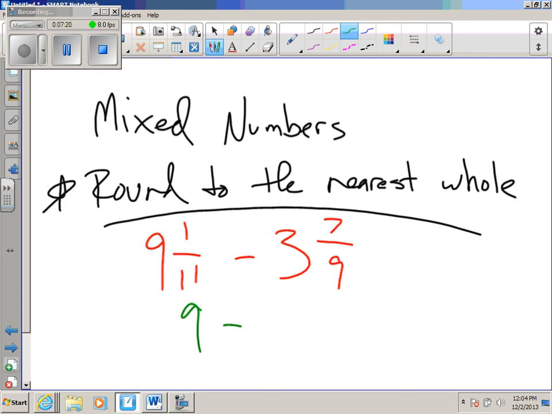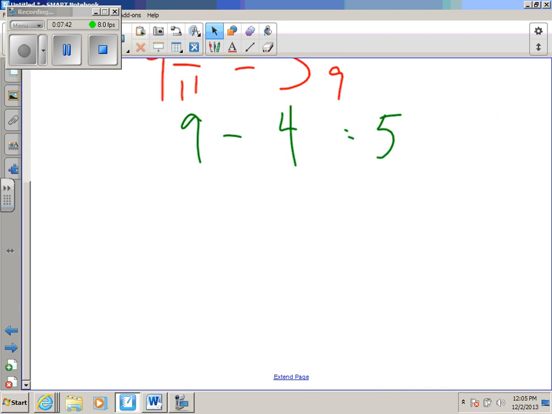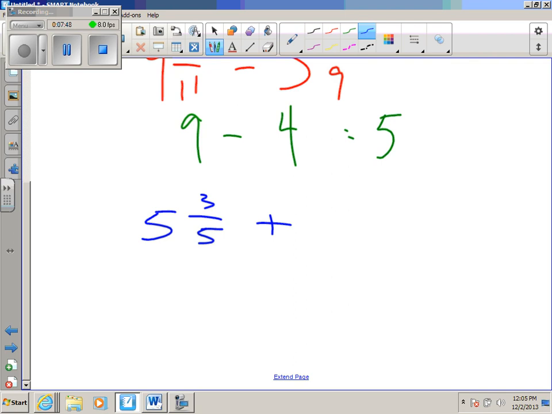Now 7/9 is going to bring this whole thing up to 4 because 7/9 is greater than half. We're going to round the 3 up to the 4. So 5 3/5 plus 3 2/3.